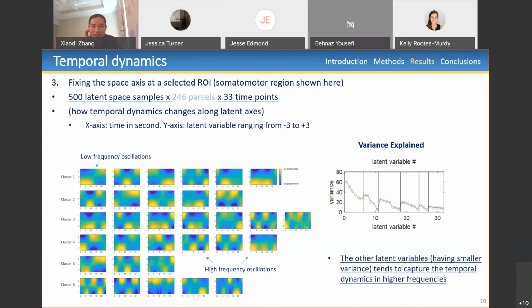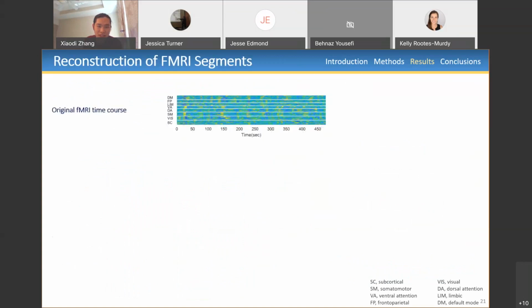And I guess this is just to show our method can obtain multiple temporal dynamics, although we haven't really figured out what the interpretation of this high frequency fluctuation is. And at the very end, I also want to show you the reconstruction of fMRI segments, because that's what autoencoders are trying to do.